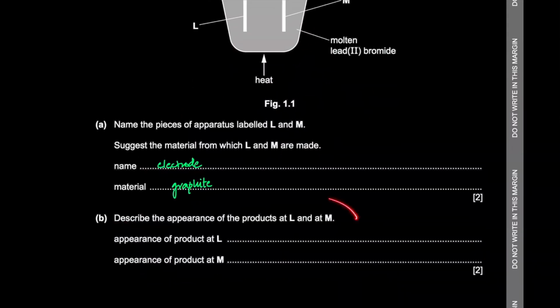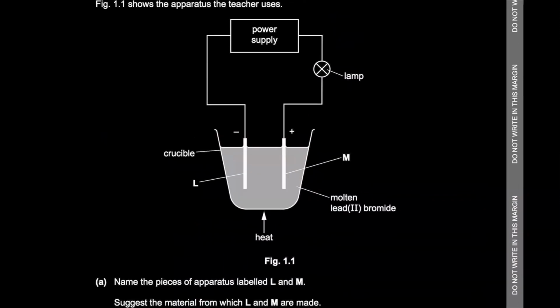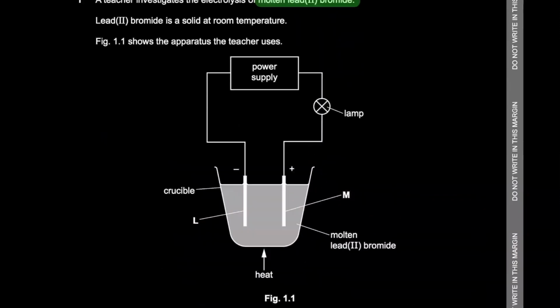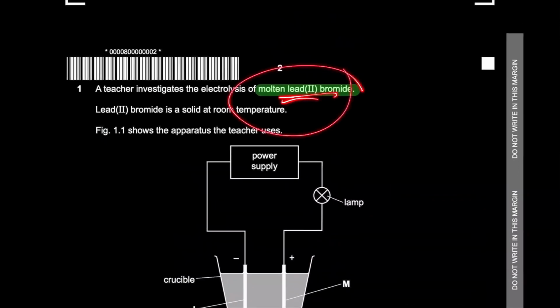Describe the appearance of the products at L and M. So at L, you're going to get lead, right? If you're doing a molten ionic compound, at the cathode you're going to get the metal. The cation, Pb2+, will form lead metal, that's Pb. It's a gray, silver metal.